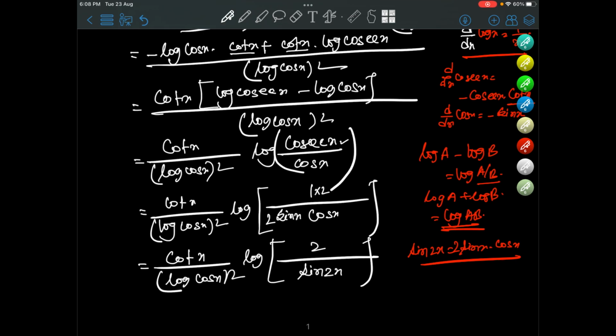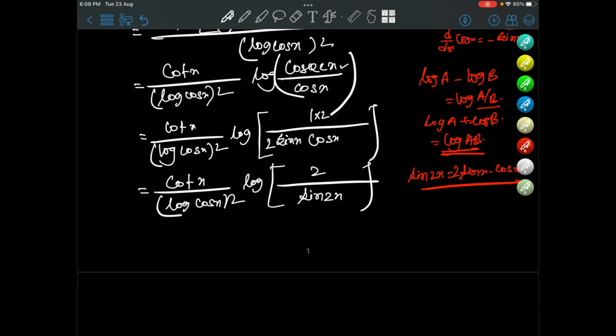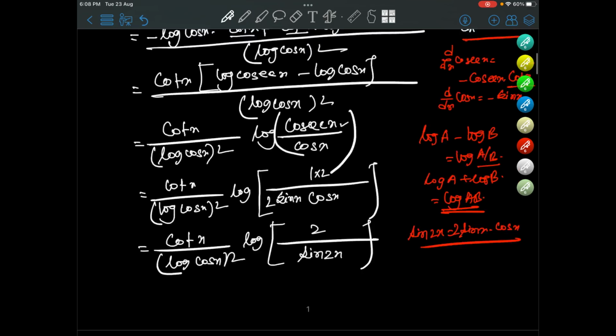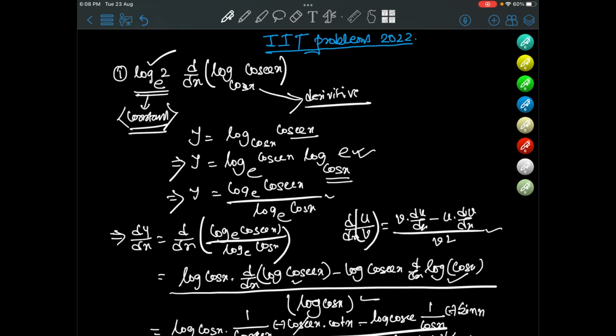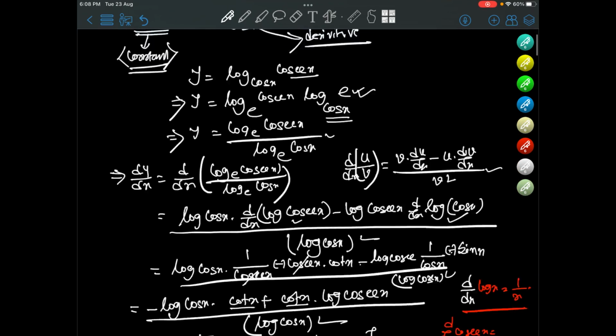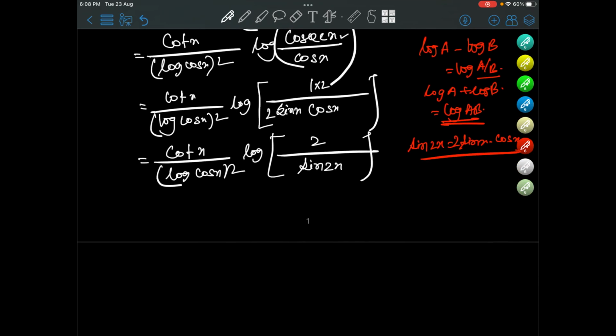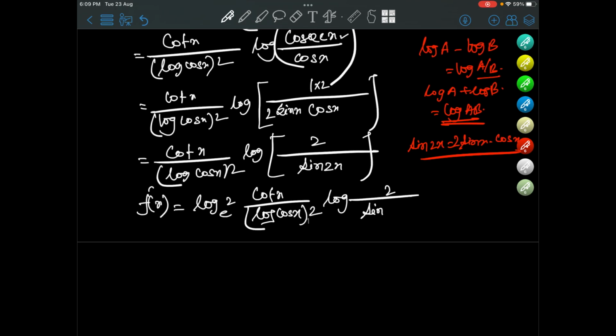That is why I am writing 2 sin x cos x as sin 2x. Now let's get back to the function. What we had was log 2. Then we have to multiply this function with the log 2. That will be our final answer. So f dash x equals log 2 with base e into cot x divided by log of cos x whole square, log of 2 over sin 2x.